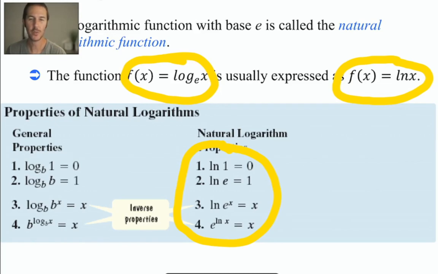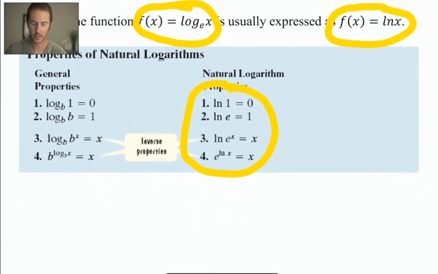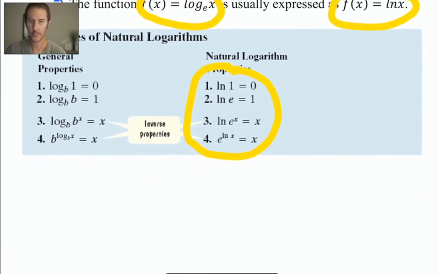We're going to use e to the power of and natural log in order to get access to whatever it is that's in the exponent position. You don't have to know what I'm talking about, just know that number 3 and number 4 in particular, that I just circled on this screen, are going to come in handy.